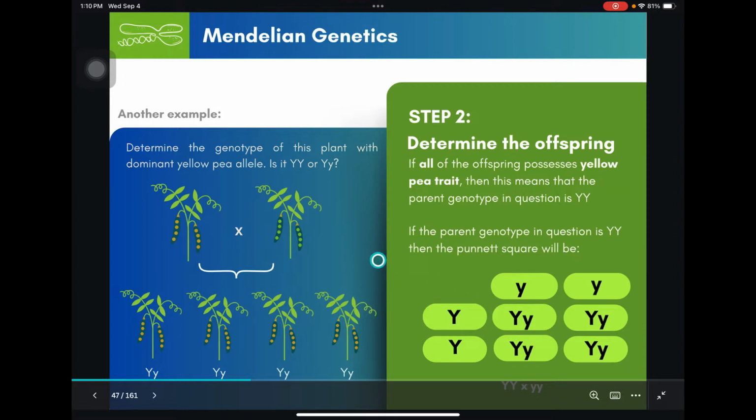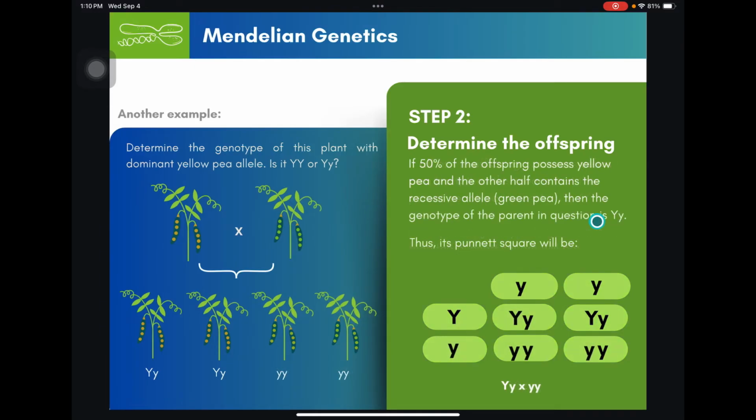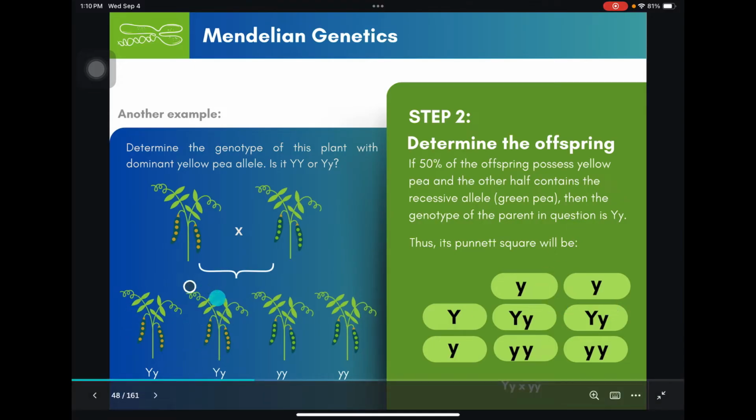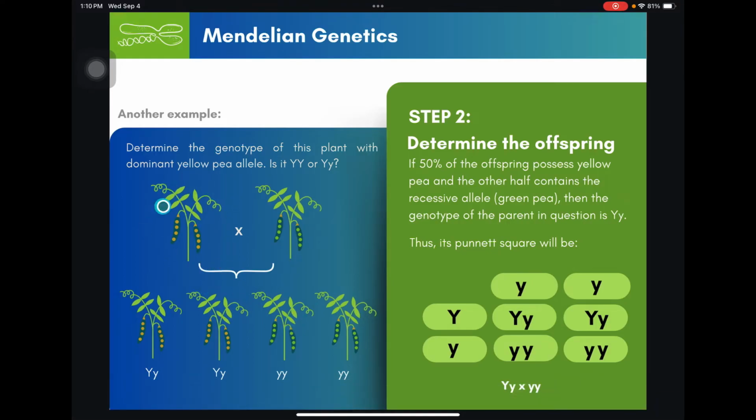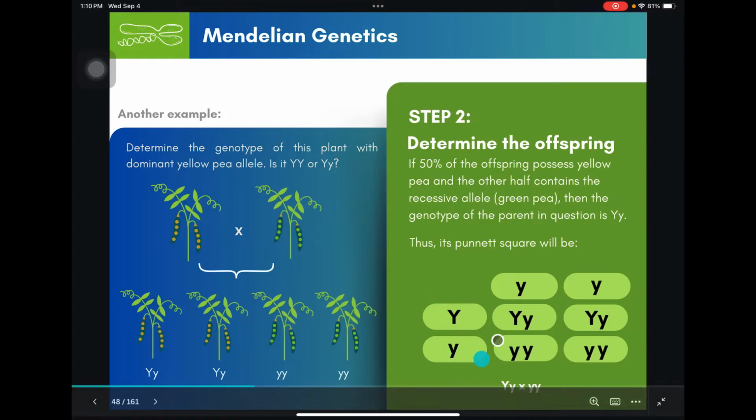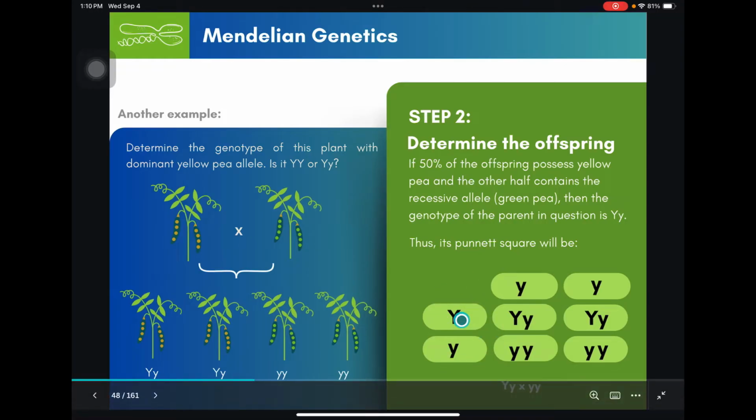On the other hand, if the offspring are 50-50, meaning 50% exhibit the yellow P seeds and 50% exhibit the green seed allele, this means that the parent contains a heterozygous allele. This could be predicted through Punnett squares as well.